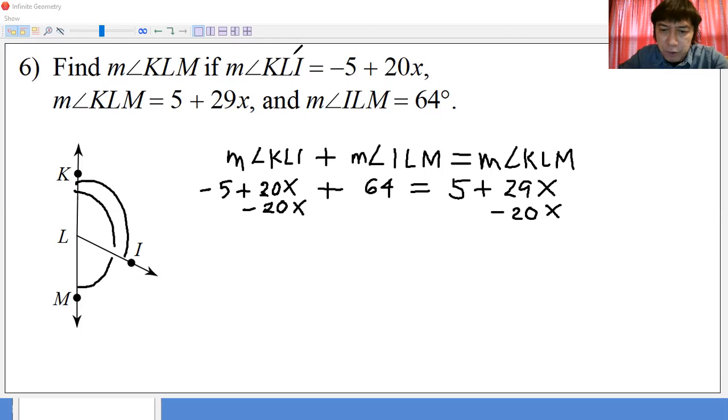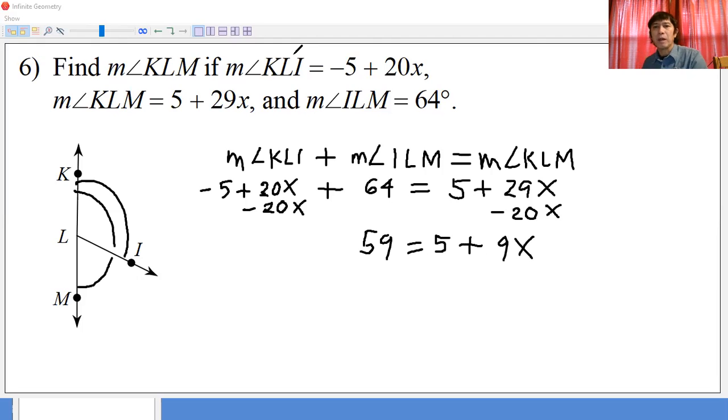So the left side will just be 59. And the right side, we still have the number 5, but we will have 29x minus 20x giving us a positive 9x.